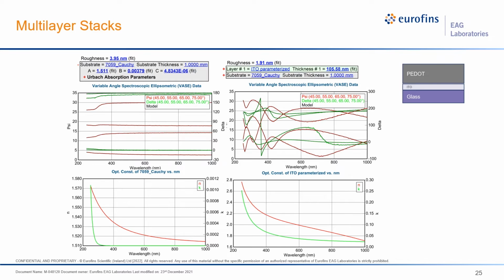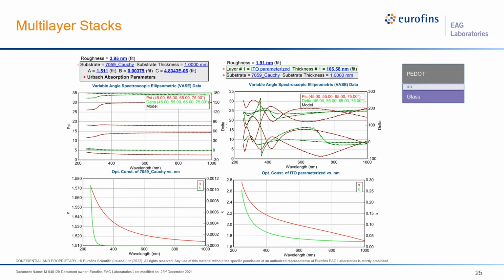To tackle these more complex problems, we need to take a stepwise approach. Solving for the entire stack in one run requires too many unknowns to be solved simultaneously and is generally not feasible. What we do is we measure the glass substrate first and fit for the optical constants as shown on the left-hand side here.